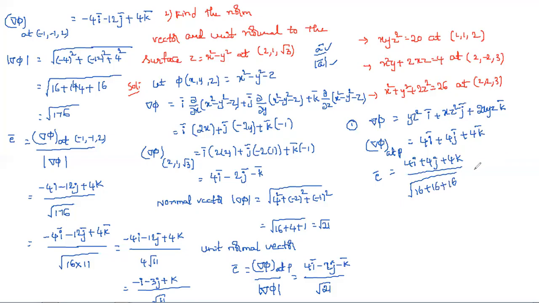If you want, you can take 4 as common, (i plus j plus k) by square root of 48, and 48 is 12 fours, so it simplifies to square root of 12.